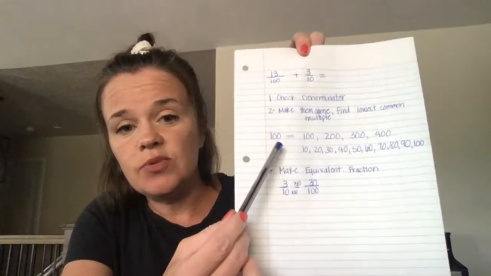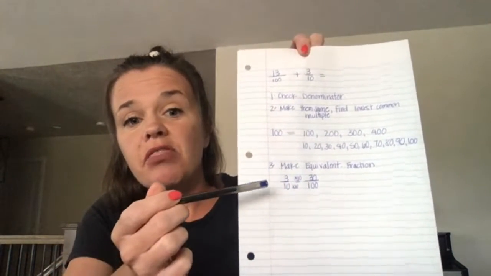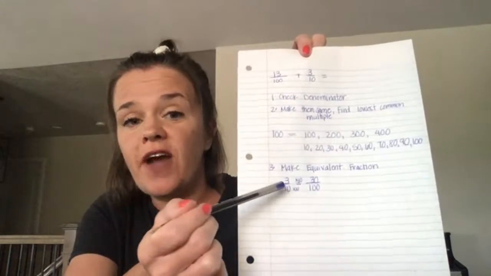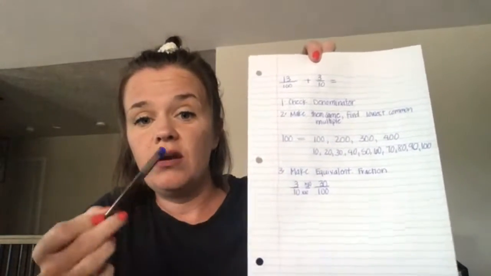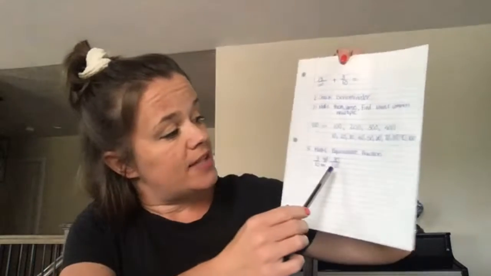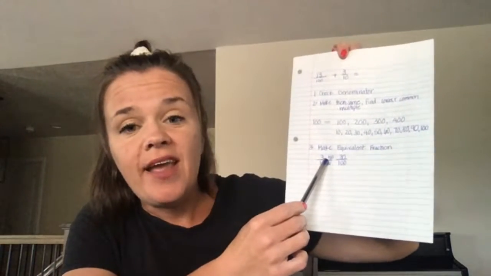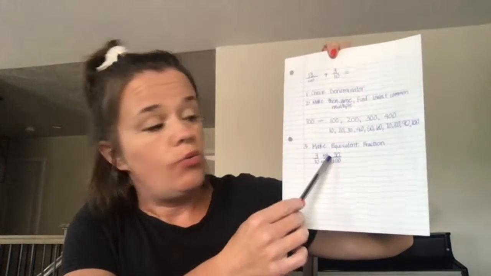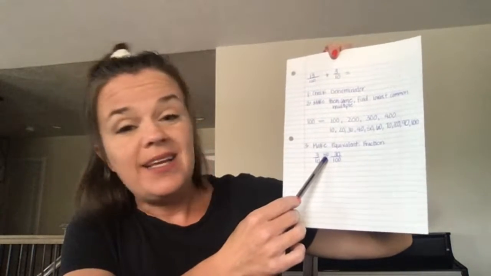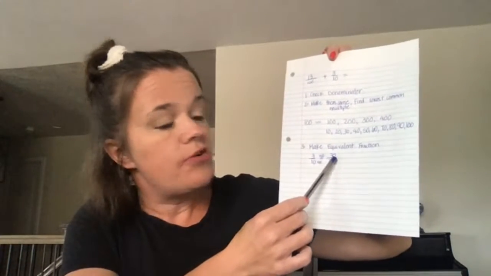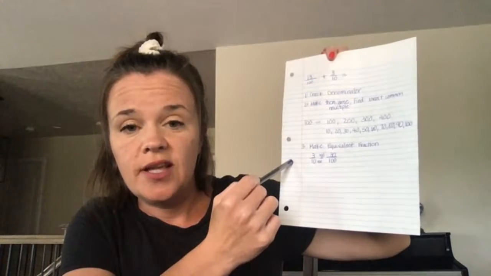And in this case, it was 100, okay? Step 3 is you make an equivalent fraction with the new denominator, okay? So that's what we just did. So 3 out of 10, or 3 over 10, is equal to 30 over 100, okay?